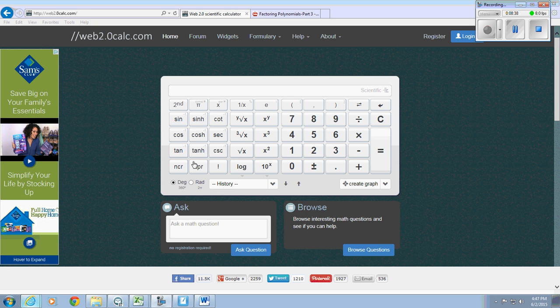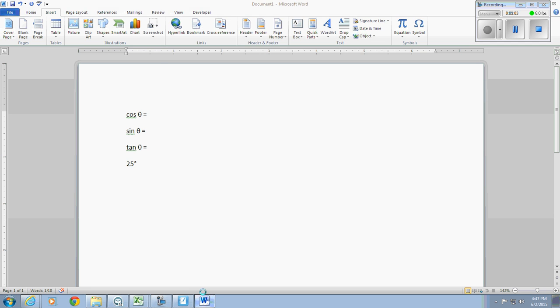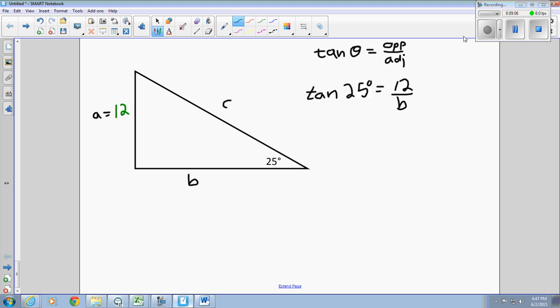We go to our scientific calculator and look for our tangent button, making sure we're in degree mode. Tangent of 25 degrees, close parentheses, is equal to, let's round to the third digit, 0.466. So 0.466 is equal to 12 over B.